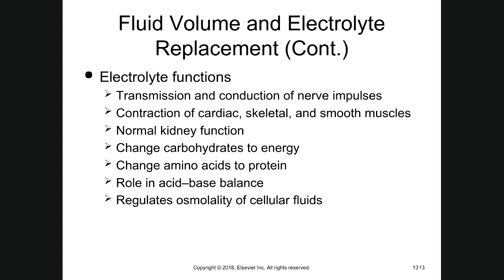Now with the potassium, the major intracellular cation is 98% of the body's potassium, found within the cells. It's essential for neuromuscular activity and cellular metabolism. Potassium levels affect the cardiac and the skeletal muscle activity.